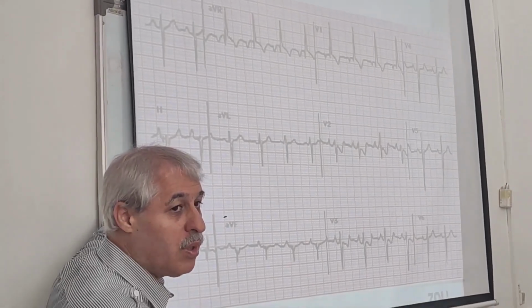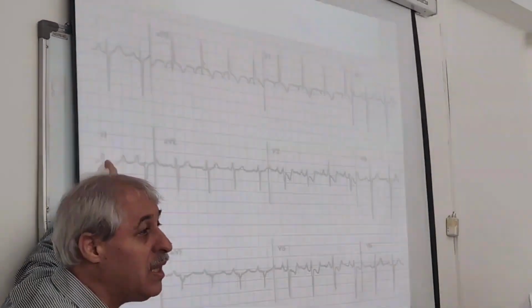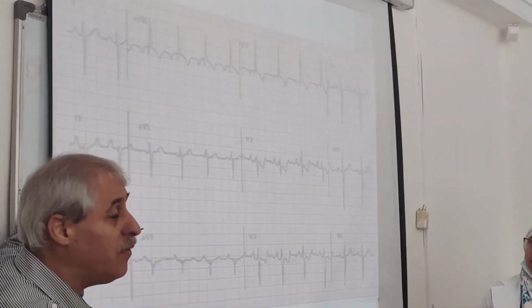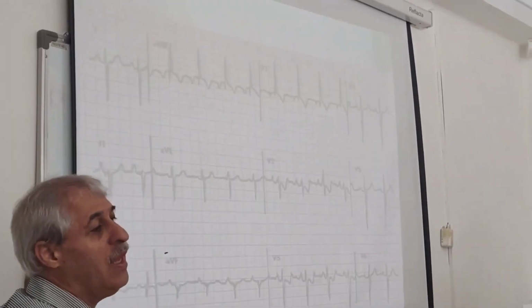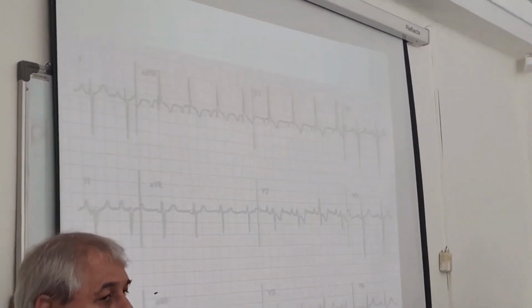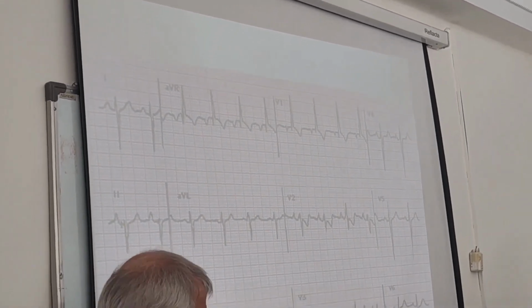In both lead 1 and 2, the net deflection is negative. So the correct answer is 210. Means you have right axis deviation. Did you get it?